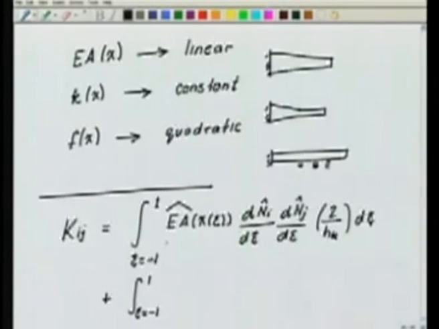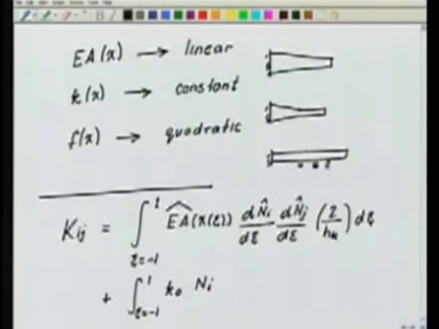So, if I am putting k to be constant, it will be k naught, which is the constant value, into ni hat nj hat into h of the element by 2 d psi. This is from what we have already developed.